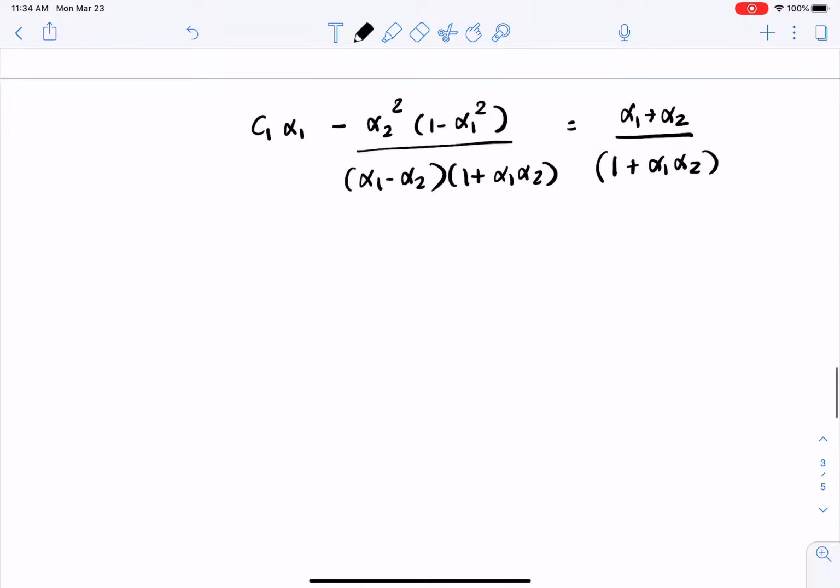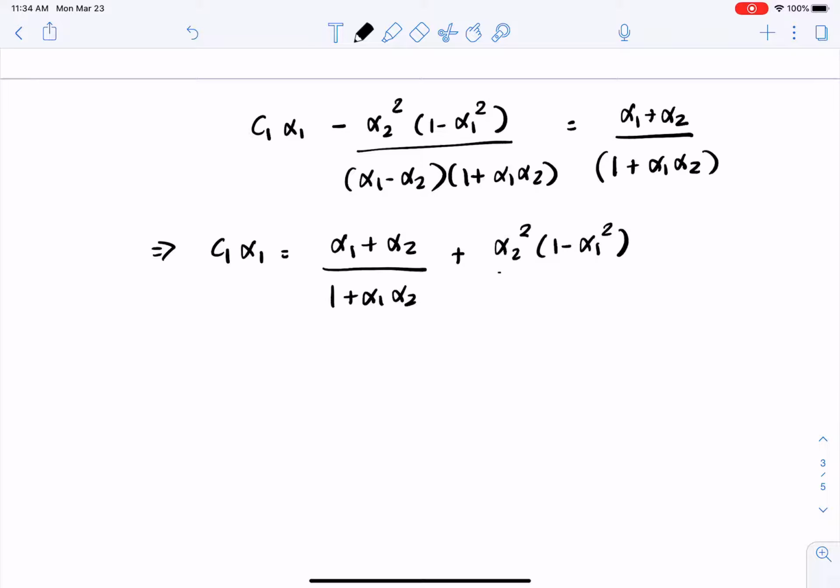We move that huge term on the left-hand side to the right-hand side, so we have (alpha 1 plus alpha 2) over (1 plus alpha 1 alpha 2) plus alpha 2 squared times (1 minus alpha 1 squared) divided by (alpha 1 minus alpha 2) times (1 plus alpha 1 alpha 2).